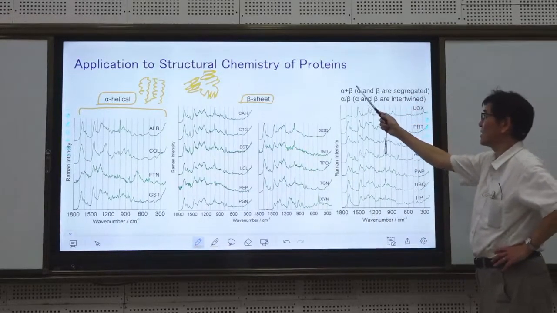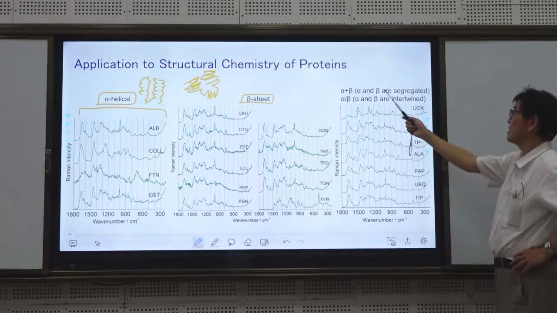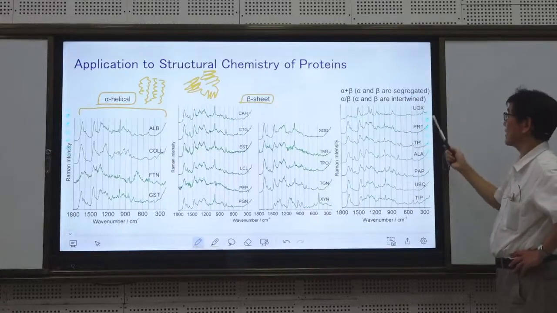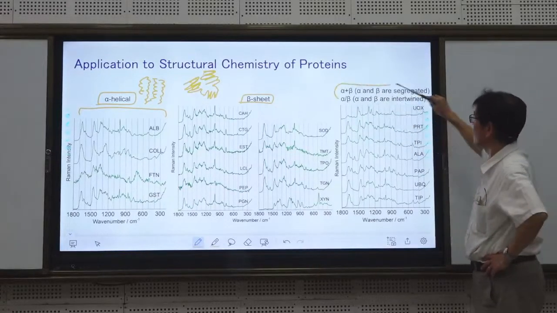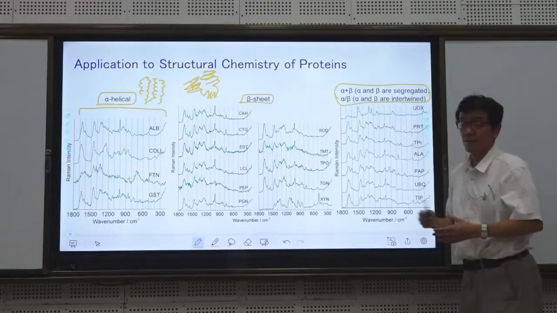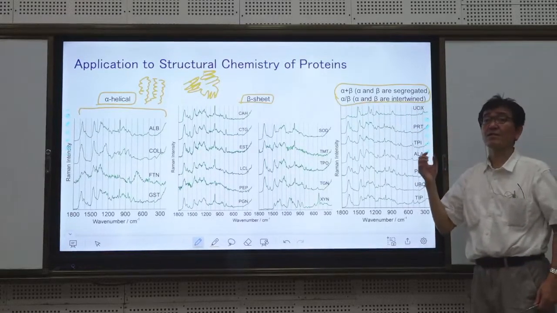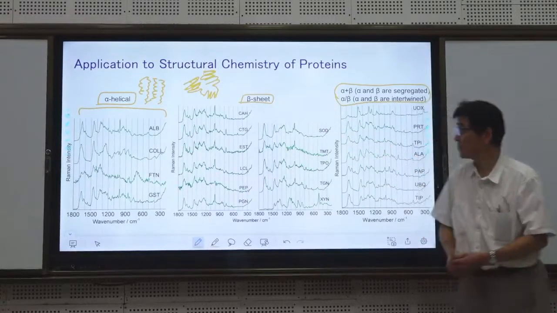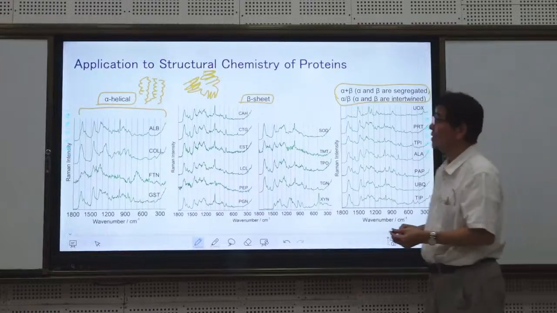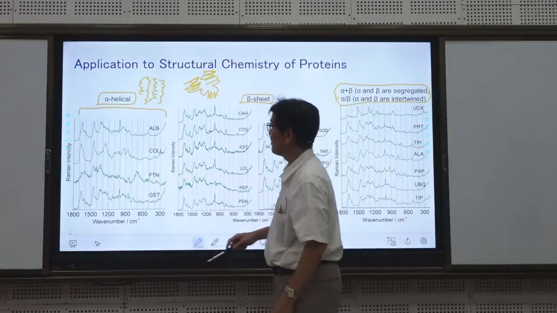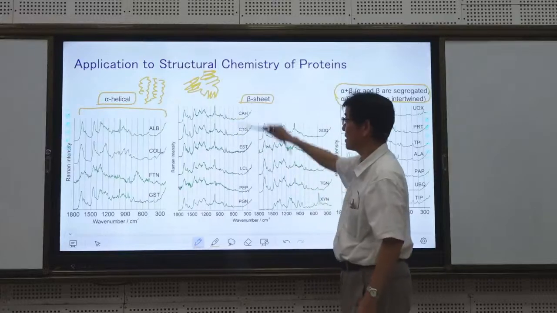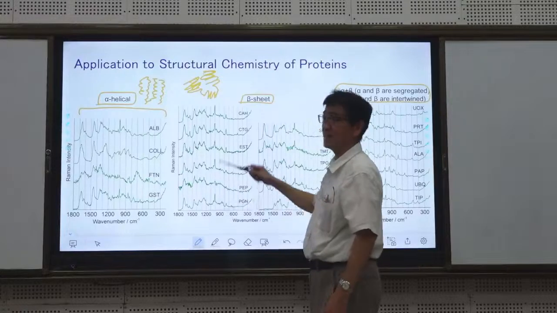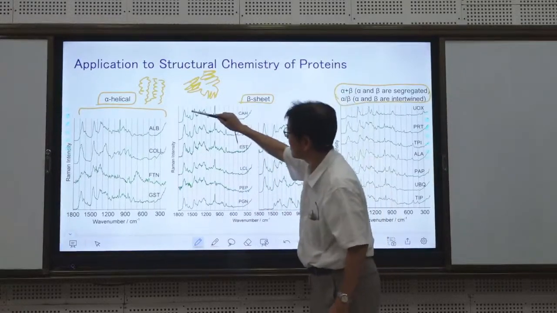And there is a mixture of alpha plus beta, where alpha and beta are segregated, or alpha and beta are intertwined. This is the third group. Typically alpha helix and beta sheet are stable structures, so they prefer alpha or beta structures. And you see, regardless of the name of the protein, the appearance is surprisingly similar to each other.